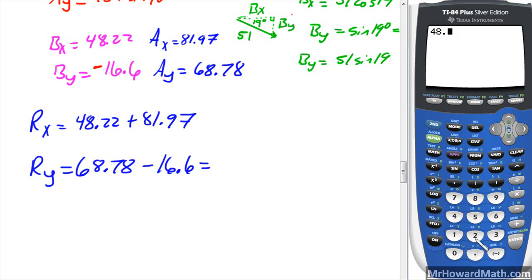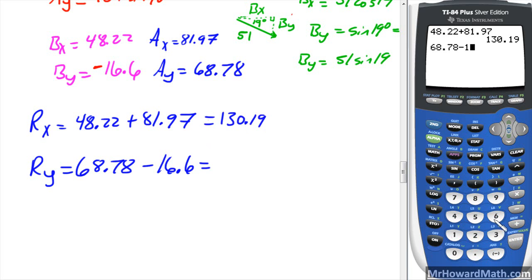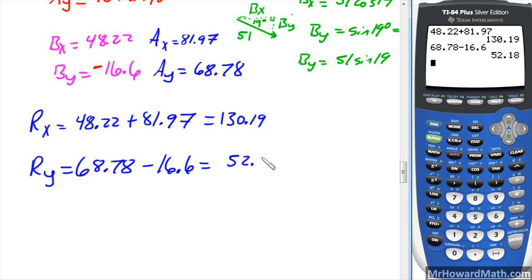So those values become 130.19 for the horizontal resultant component, and then 68.78 minus 16.6 gives us a resultant vertical component of 52.18.